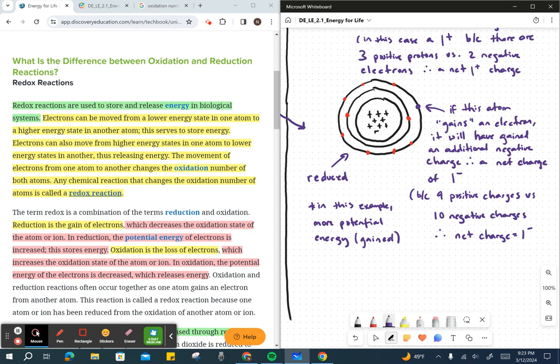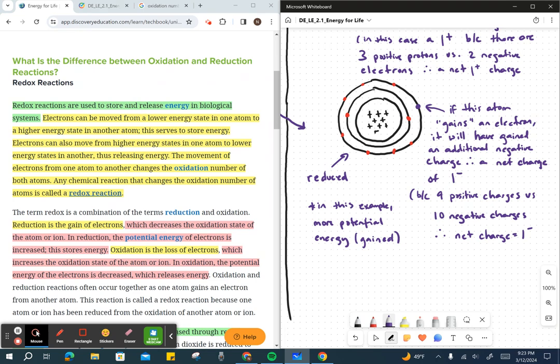And in gaining that electron, remember we said Leo the lion says grr, gaining electrons is reduction. So if this were to gain the electron, now it's going to have an additional electron. So if you had 9 protons, now you have 10 electrons.